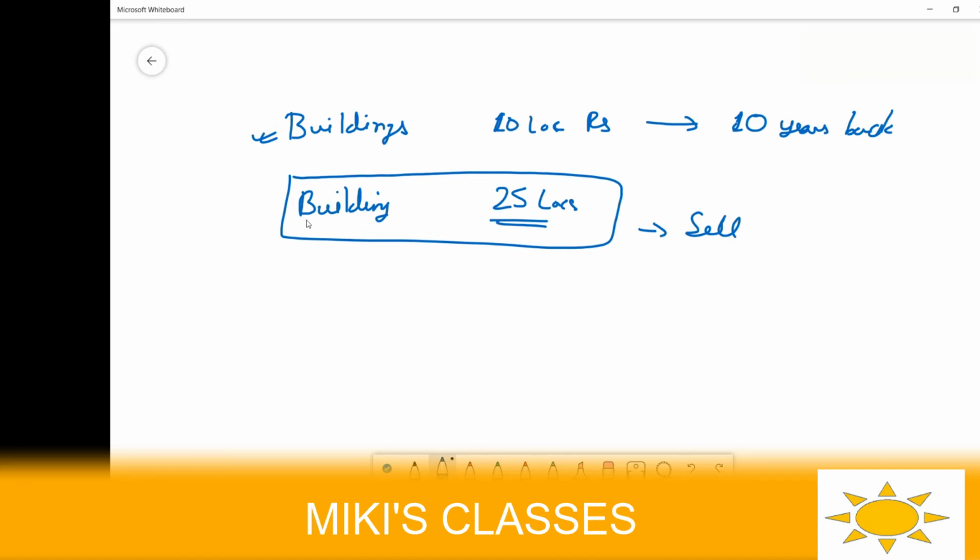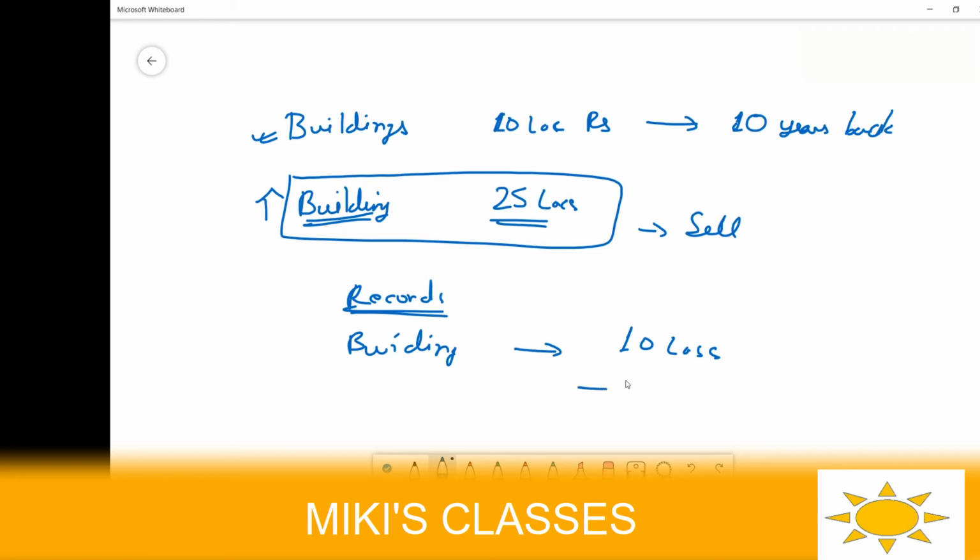Likewise, the value of all assets, like the value of building, has gone up, right? But in your accounting records, your building will still show as 10 lakhs.